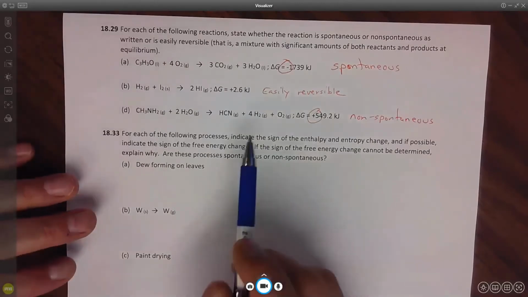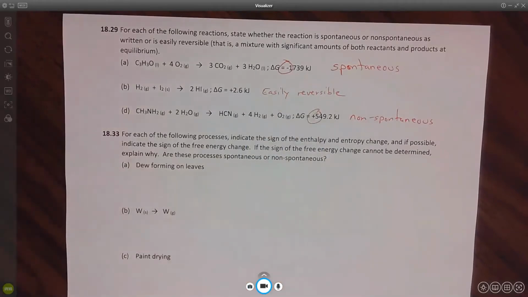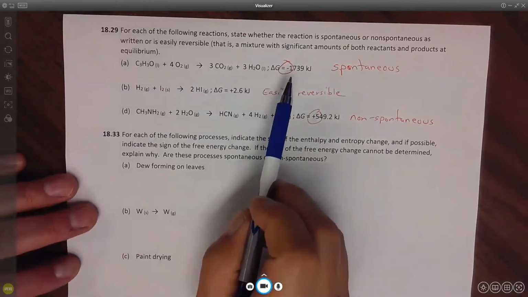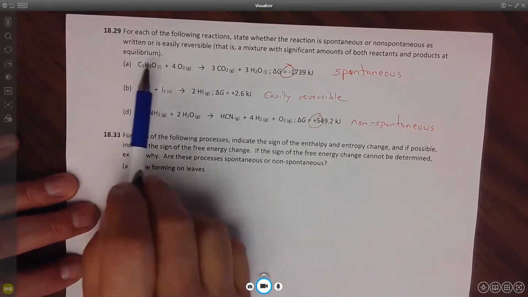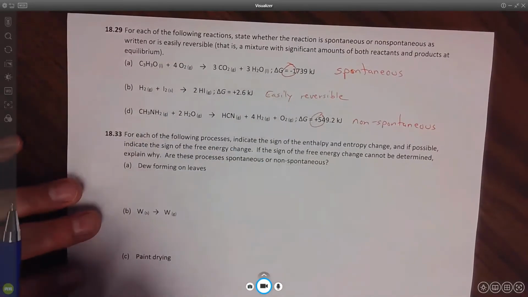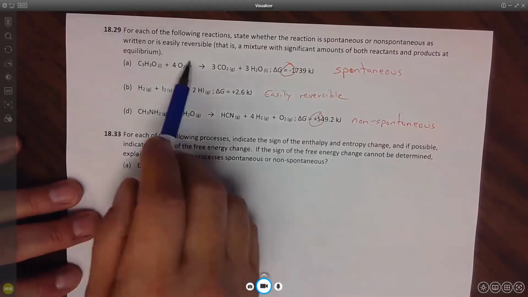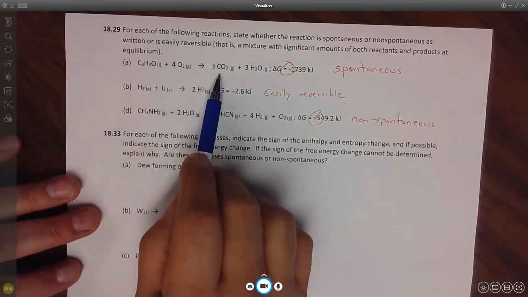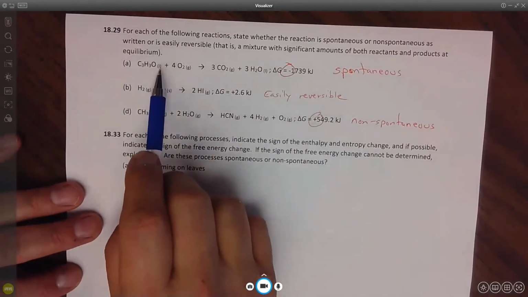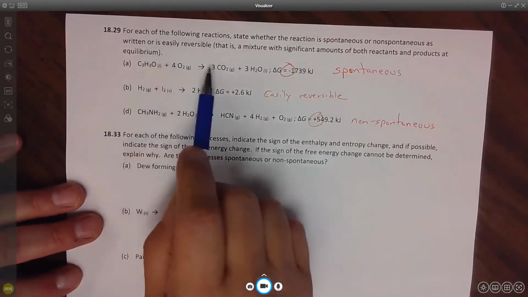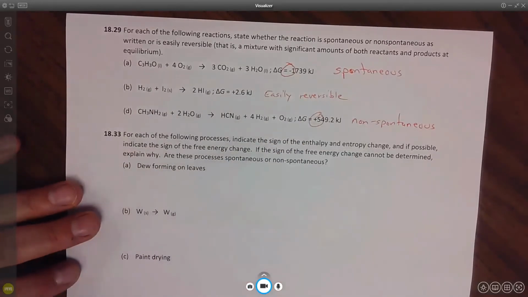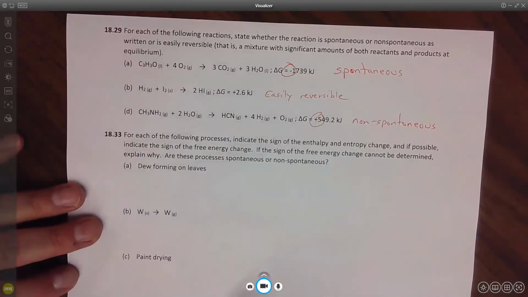So we could say equilibrium, or we could say easily reversible. Remember, these values are assuming we are starting off with just reactants and going to equilibrium, right? The free energy change of getting from just reactants to equilibrium is that number there. Okay.